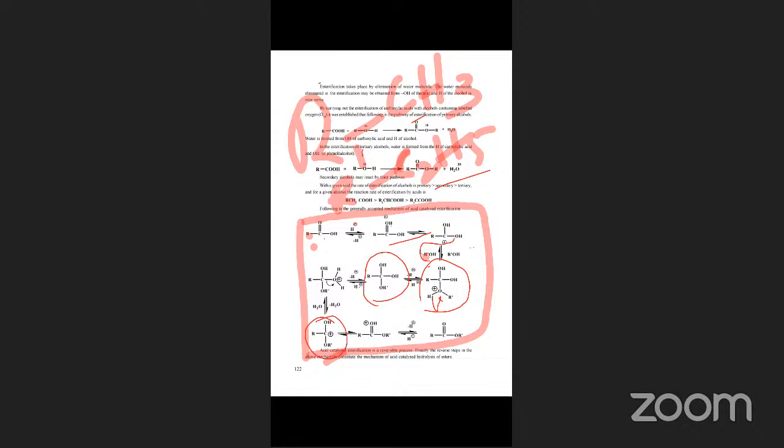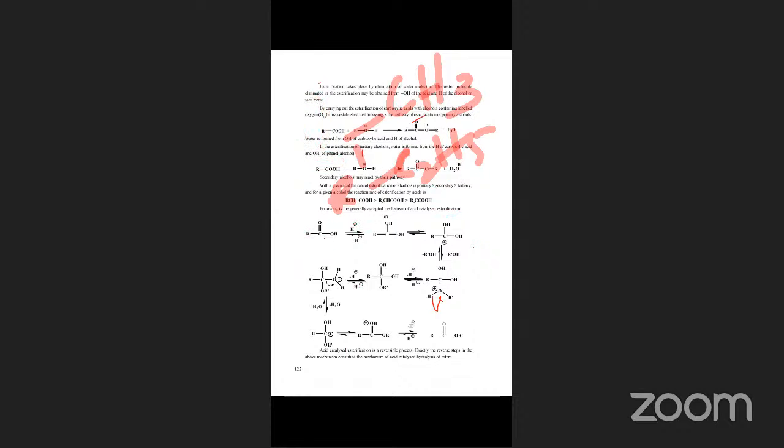Again protonation; these are also equilibrium structures. They give RC double bond O OR. Here the water molecule goes away, and finally the ester is formed. So this is the esterification reaction. You write the reaction mechanism. Just put in the presence of R, CH3, and in the presence of R dash, C2H5. Clear?